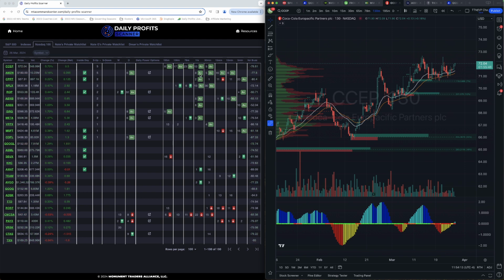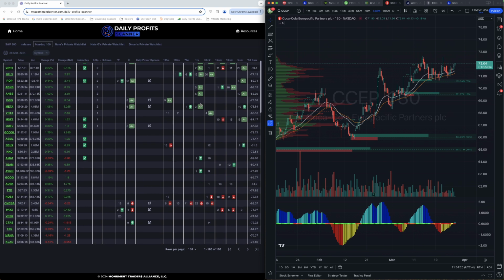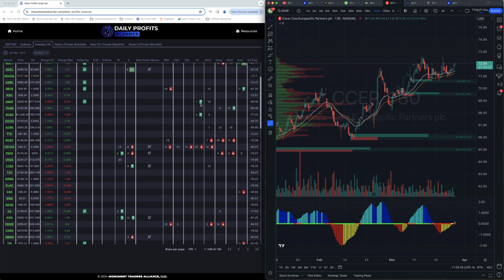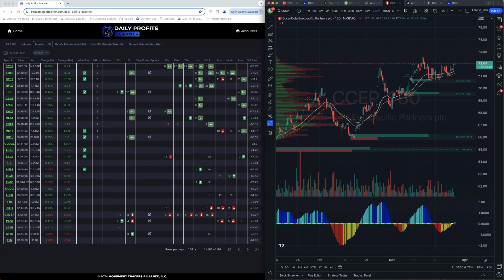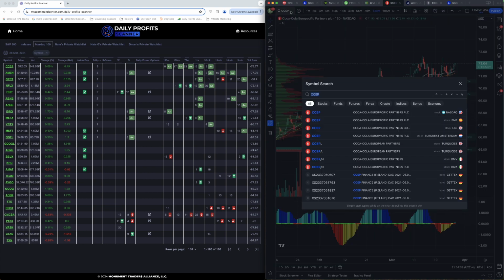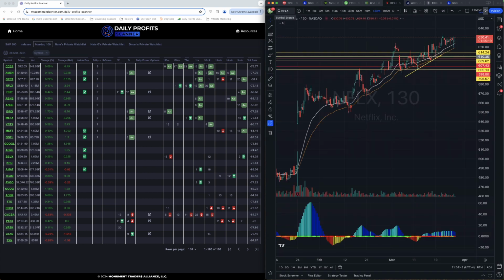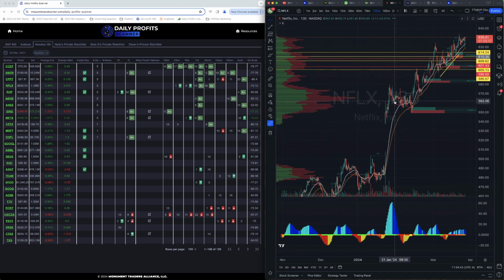Let's see, what else do we have? We got Amazon. And then there's just not a lot here in the NASDAQ that have those stacked squeezes. Netflix? Let's take a look at Netflix. I mean, that's a crazy looking chart.